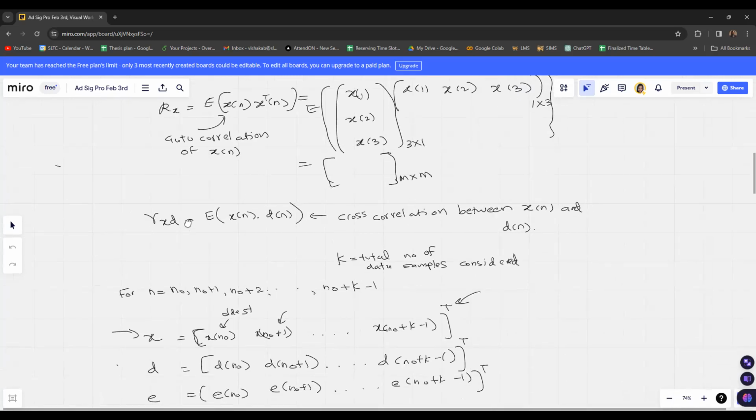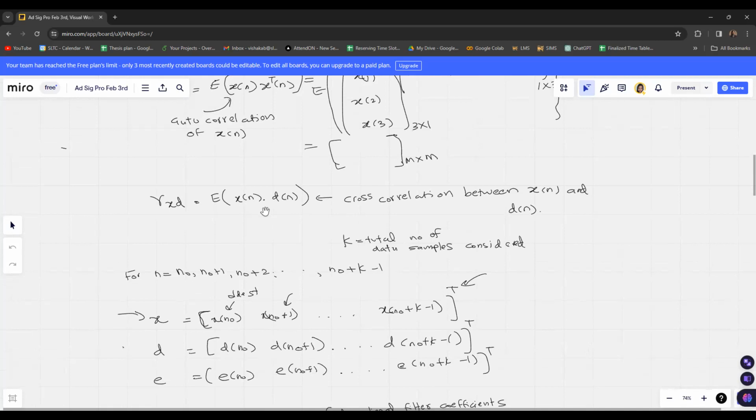After that, we have another matrix, the cross correlation matrix, which defines the correlation between the input signal and the desired signal. The desired signal can also be defined as a vector, and the input signal also can be defined as a vector.